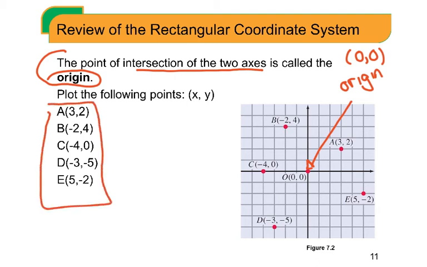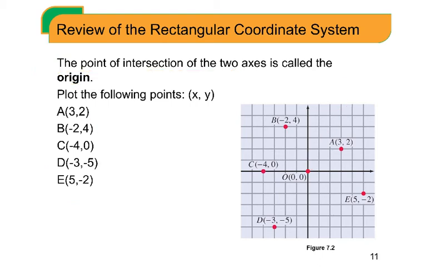Let's just talk about a couple of them. So what does this mean? The point A, X equals 3. There's 3. Y equals 2. There's 2 on the Y-axis. Where these intersect, that's the point 3, 2.